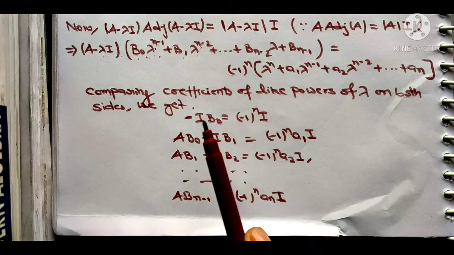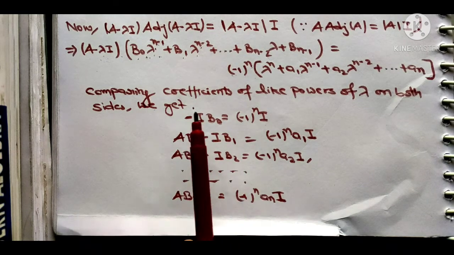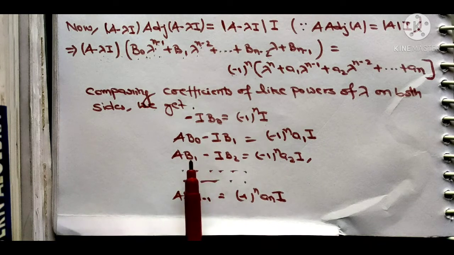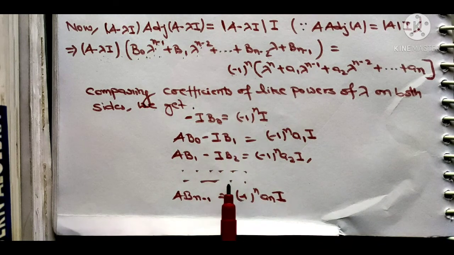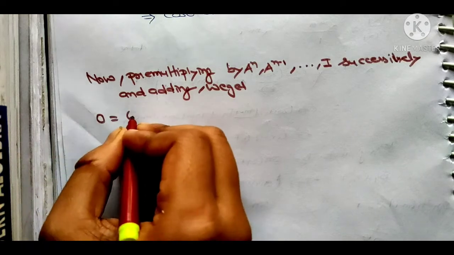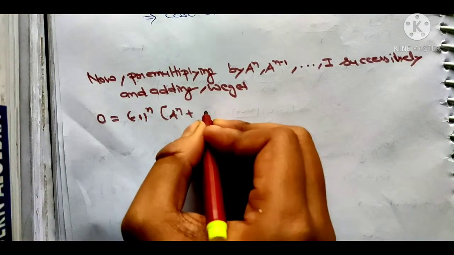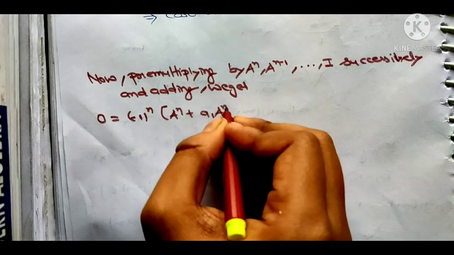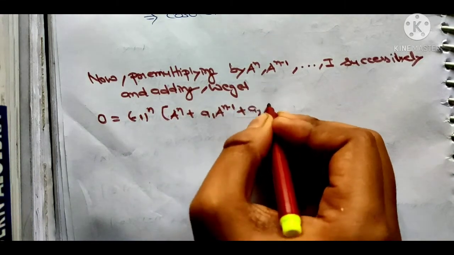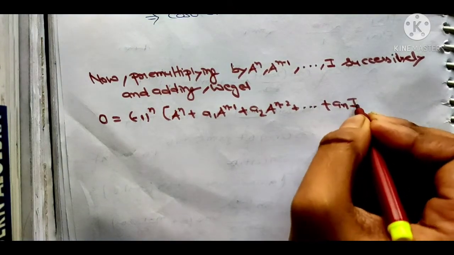Okay. Now in these equations we multiply each equation successively by A^n, A^(n-1), and so on, and after multiplying on both sides we add the equations. So we get 0 is equal to (-1)^n (A^n + a1 A^(n-1) + a2 A^(n-2) + ... + an I).